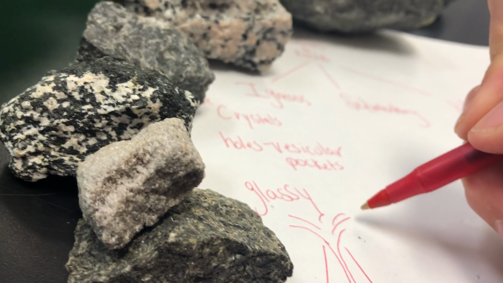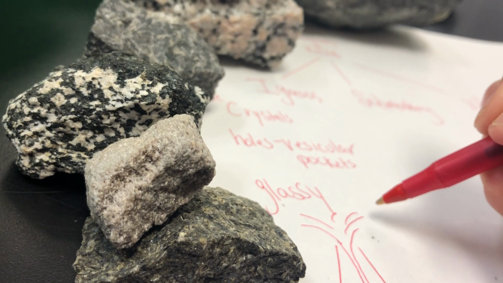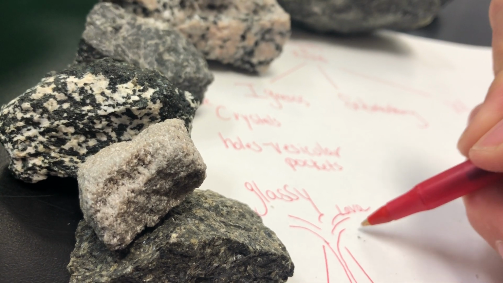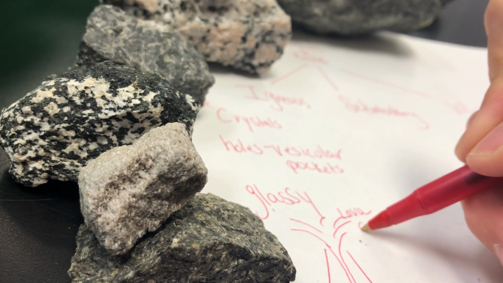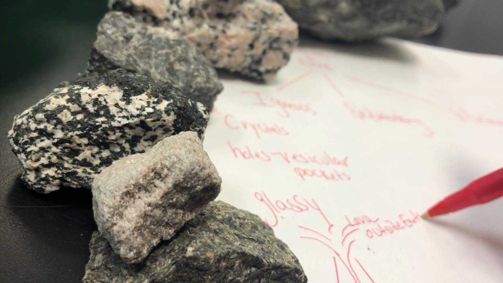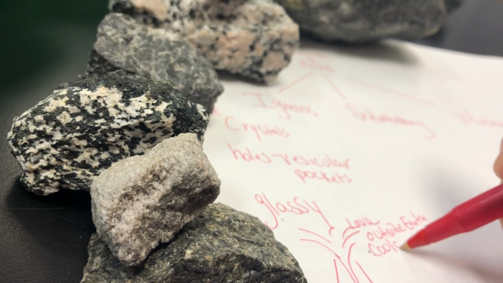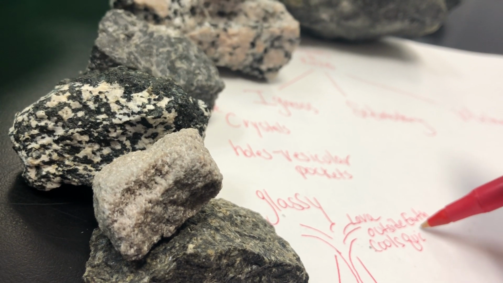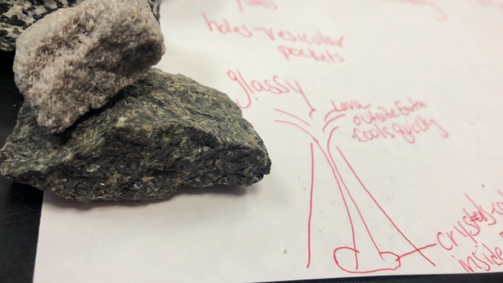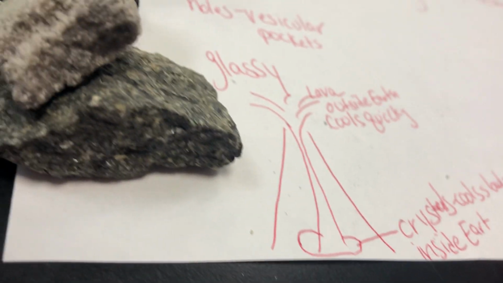The vesicular, the air pockets, those holes, the glassy, that's forming as a result of lava, and that's outside of the earth. This one cools quickly. This one cools slowly, hence the large crystals.